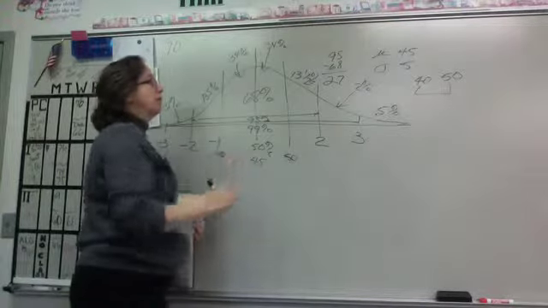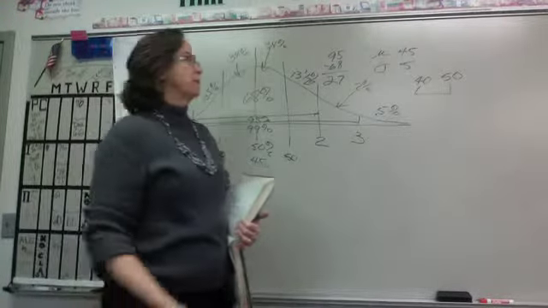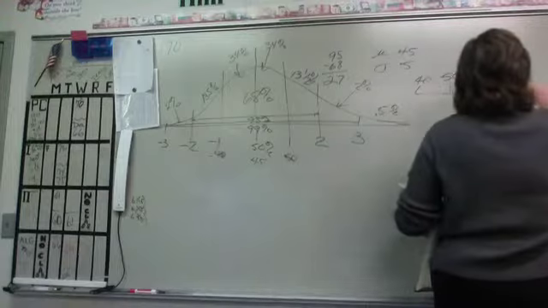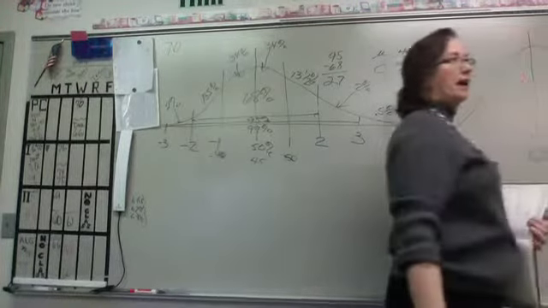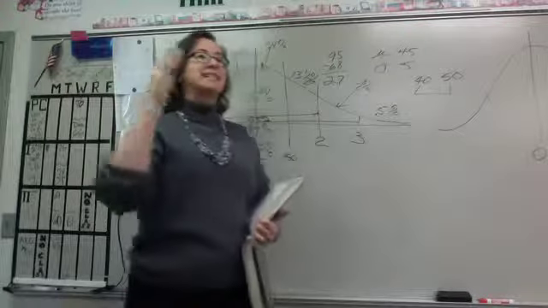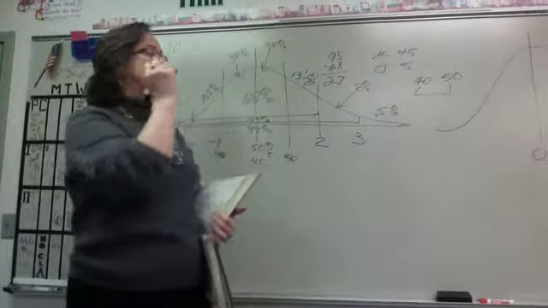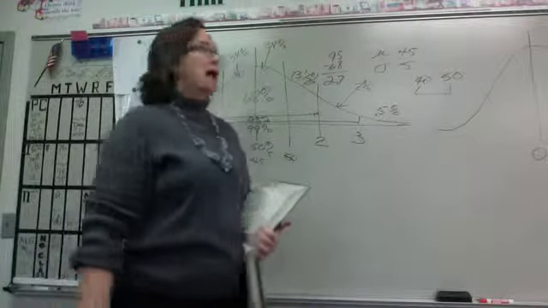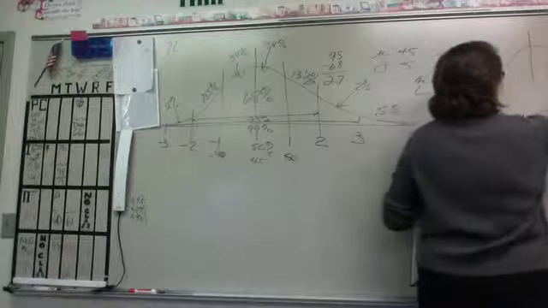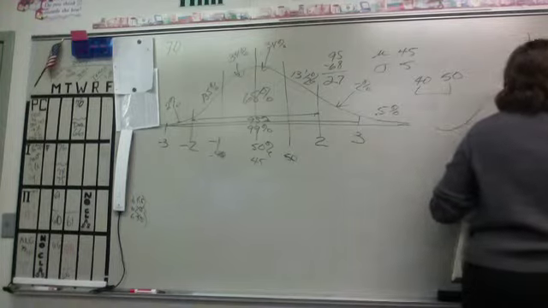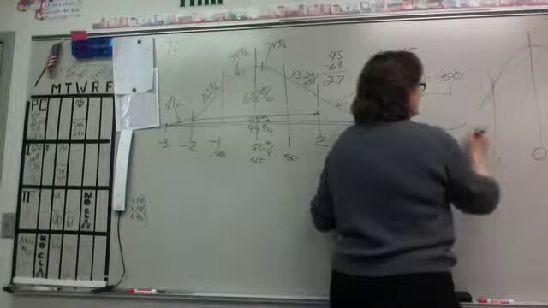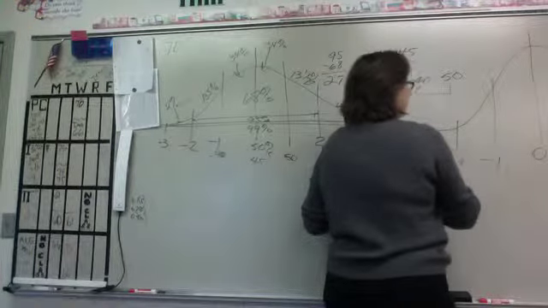But with the standard normal table, I decide that the mean of every population is going to be 0. I'm going to standardize it. I'm going to call 0 my mean. One standard deviation will be 1 to the right, 2 to the right, 3 to the right, and -1, -2, -3.